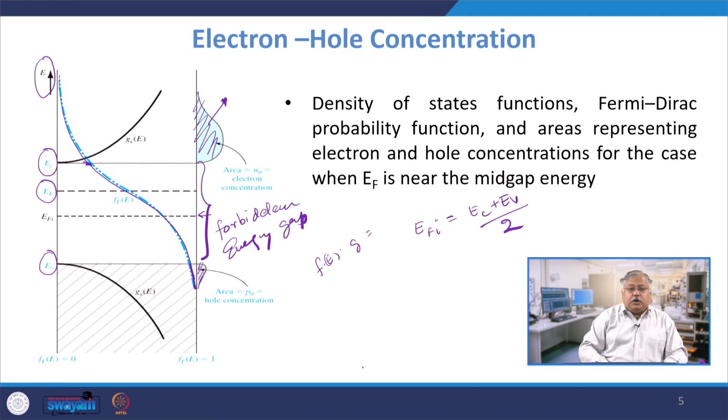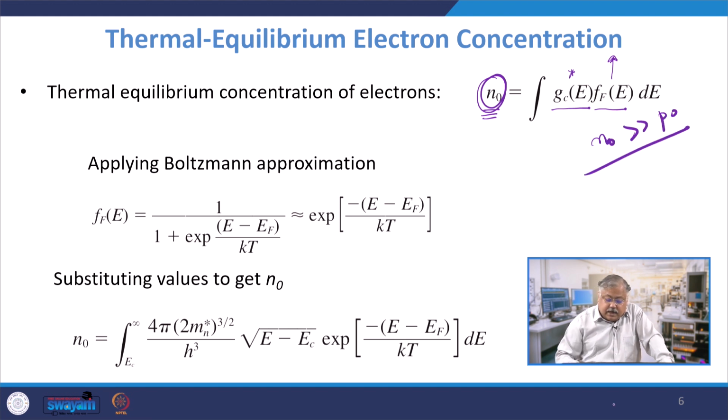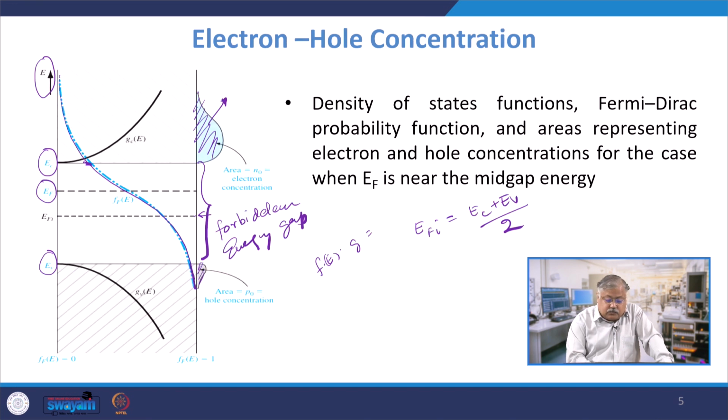This tells me that the number of electrons in equilibrium is given by GC of E multiplied by F of E. Even if the density of states is constant for valence band and conduction band, if F of E is larger for the conduction band, the number of electrons will be much larger than the number of holes, at T equals 0 Kelvin. The area under the curve is very large, and therefore we get this.